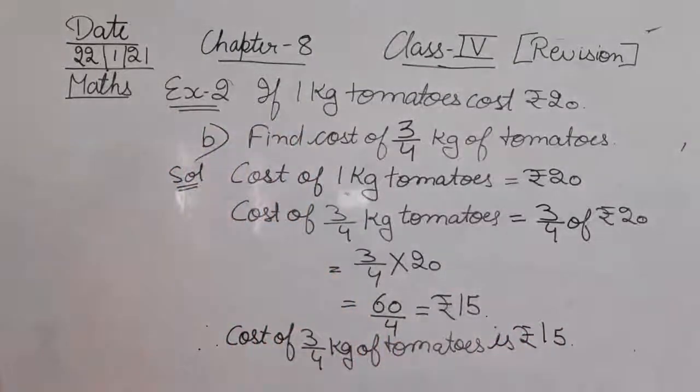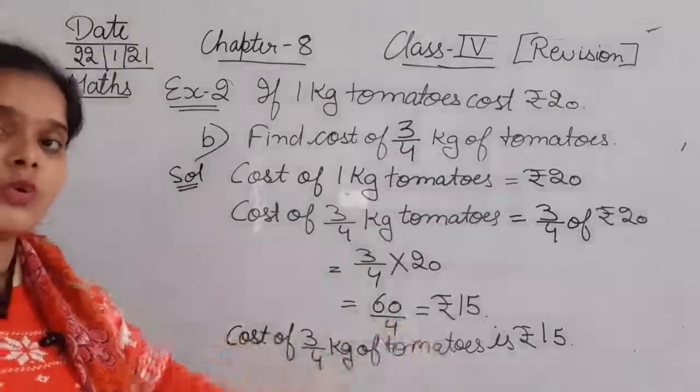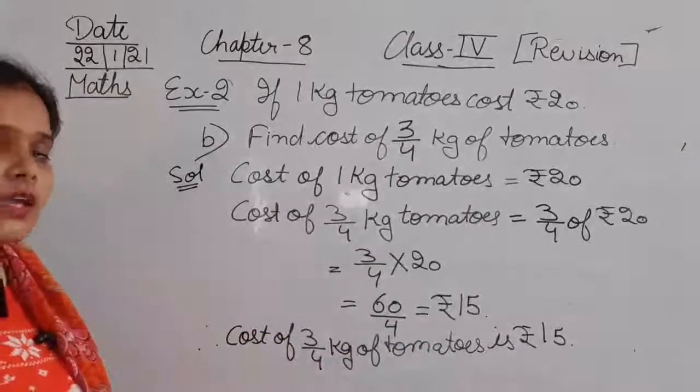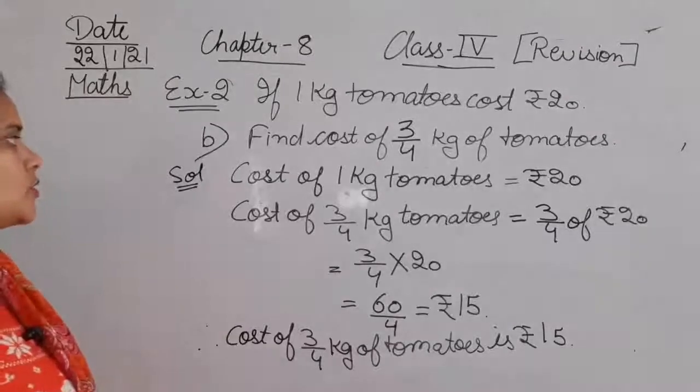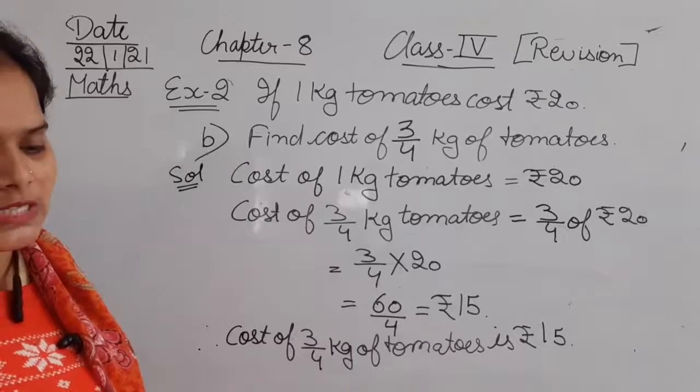That is rupees 15. Okay, so this is the solution of the B part of example number 2. Okay class. तो देखिए आपको बेटा ऐसे ढूंढने हैं कॉस्ट ऑफ, मतलब जो भी क्वेश्चन दिया उसकी फ्रैक्शन को you are going to find it like this only. Okay, so this is the solution of part B of example number 2 given under page number 87.